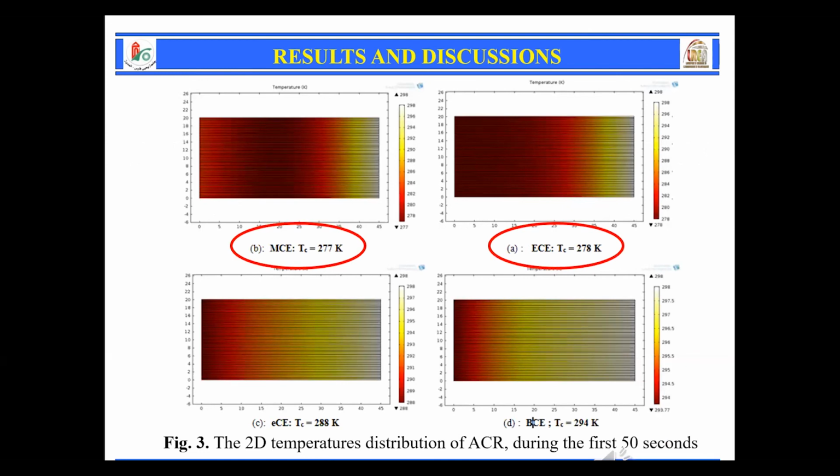The 2D temperature distribution for ICR 1, 2, 3, 4. Magnetocaloric effect, T cold equal 277 Kelvin, and electrocaloric materials, T cold equal 278 Kelvin. The best result.